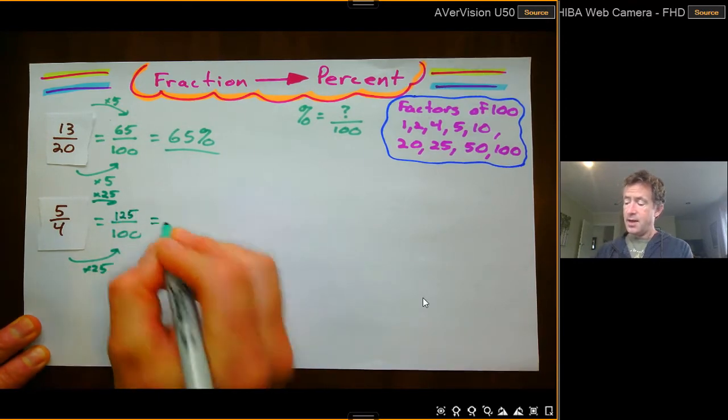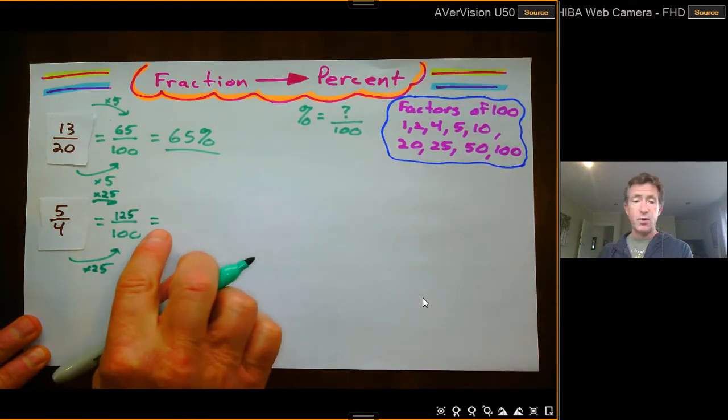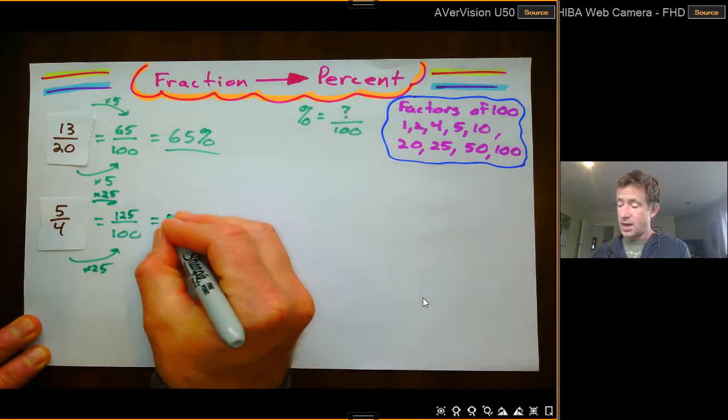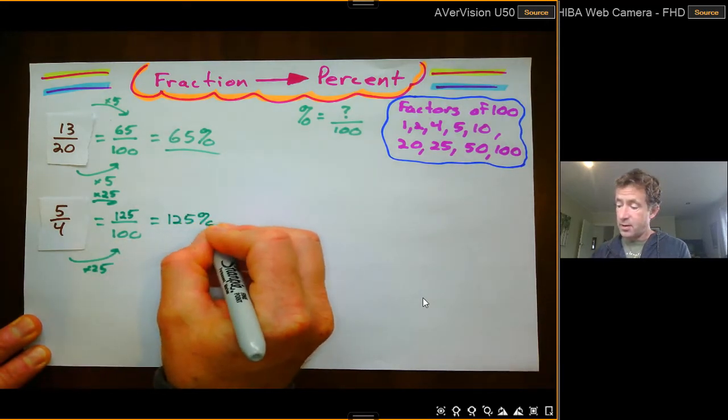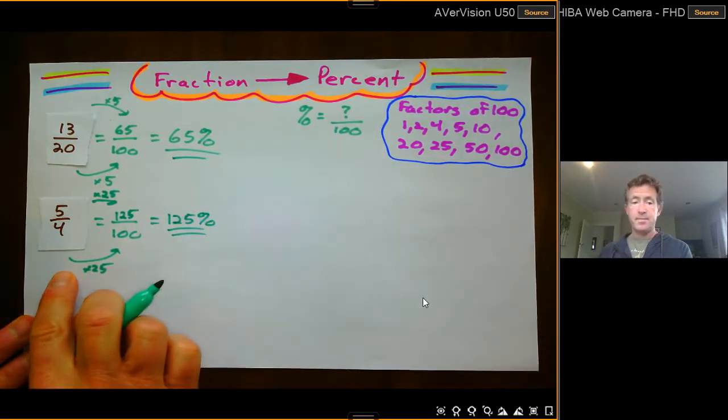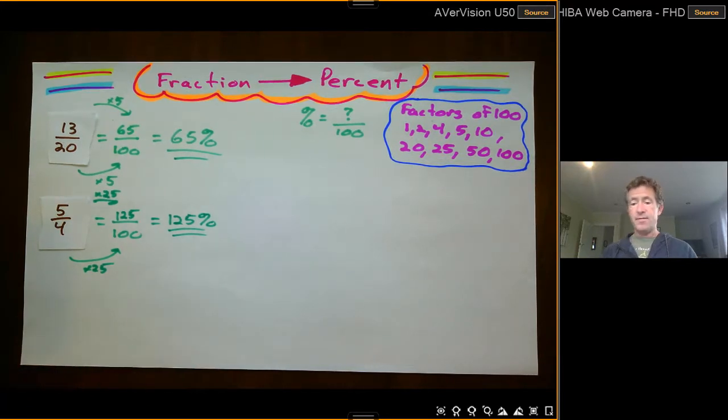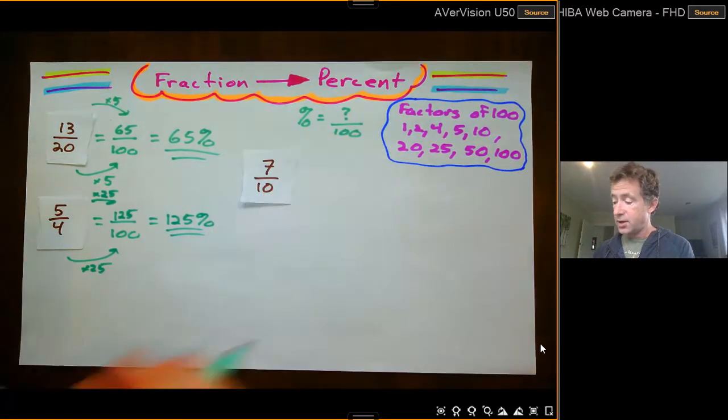It's okay to have percents more than 100%. So that is 125%. So if you get these fractions with a denominator that is a factor of 100, we're looking good.